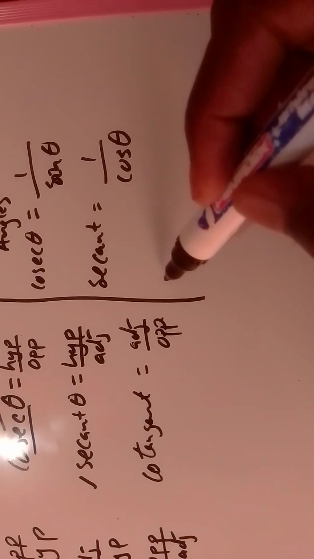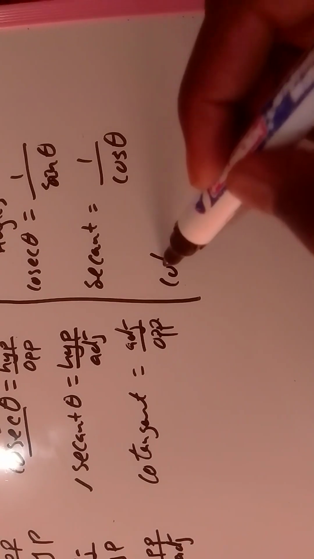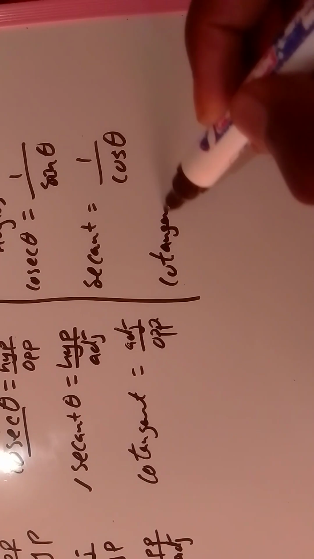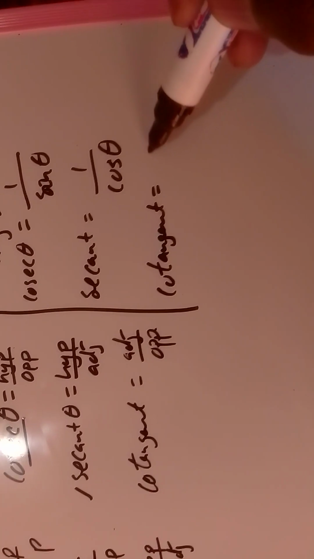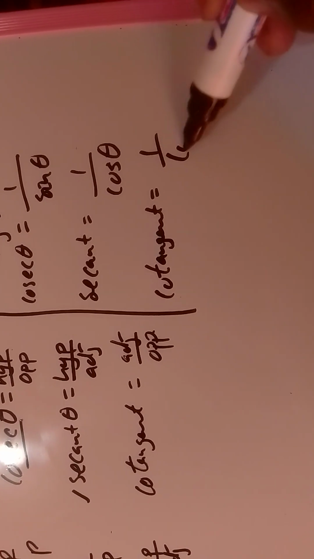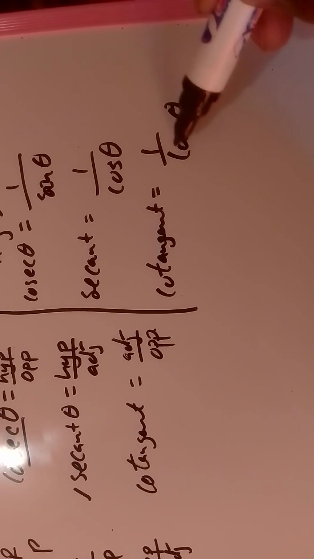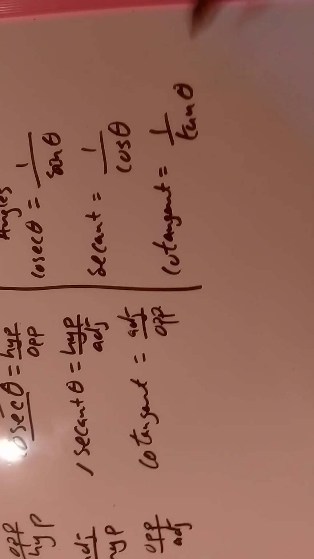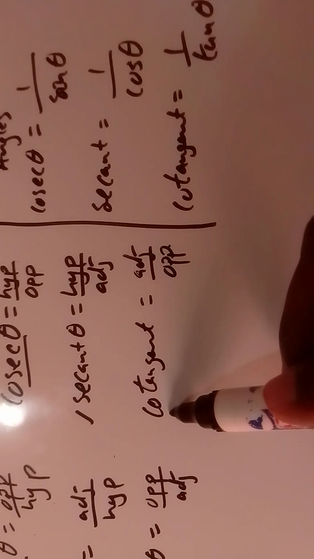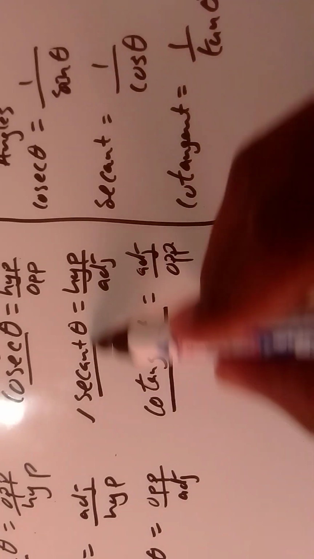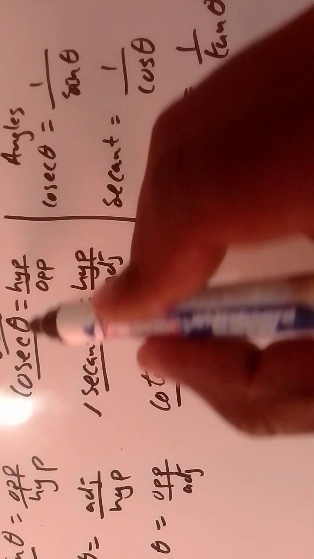Then last but not least, cotangent is equal to 1 over tan theta.